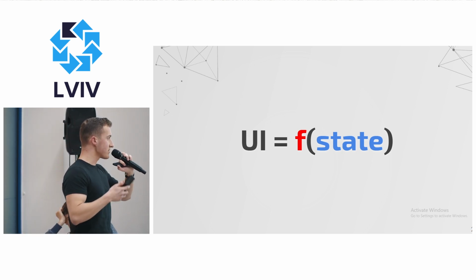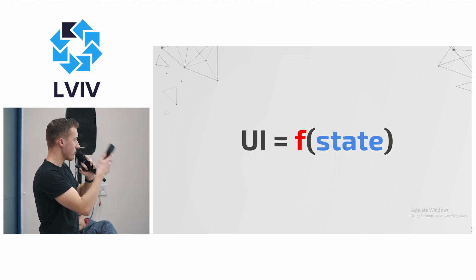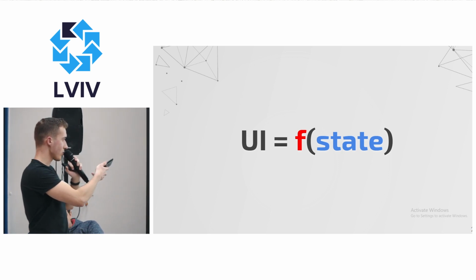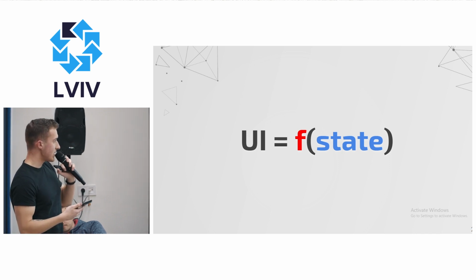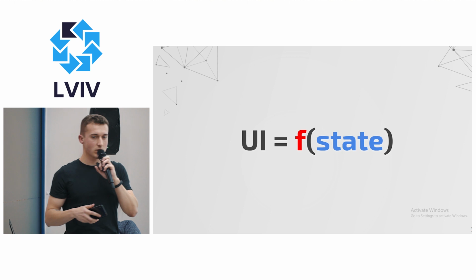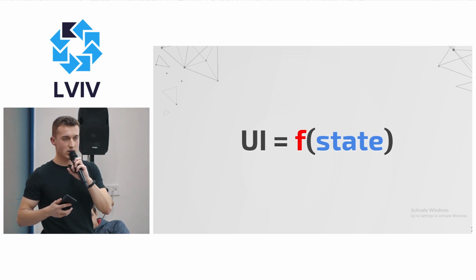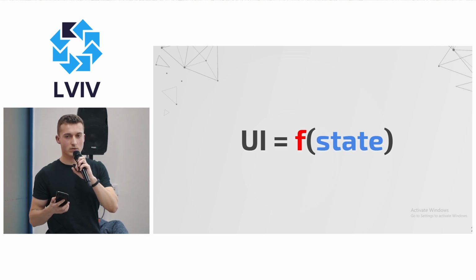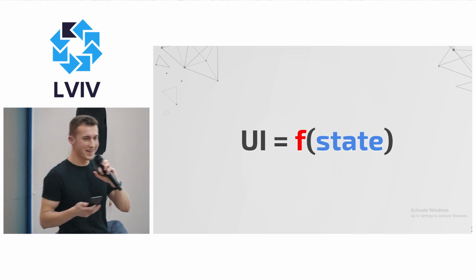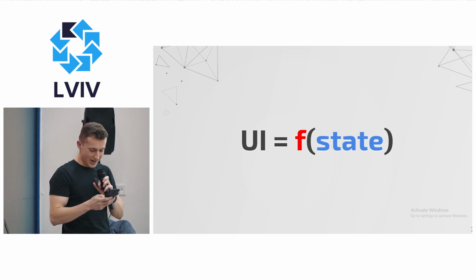So if state changes, our UI changes. If the function changes, our UI changes. But if UI changes, it will not have any effect on the function or state. Is it clear? Yeah. I can try to explain one more time.